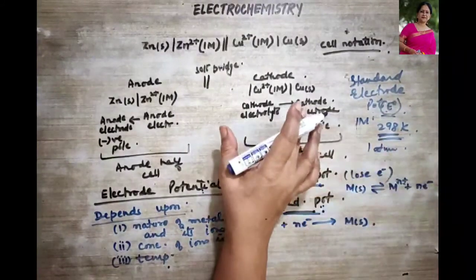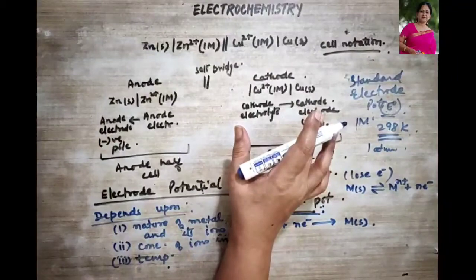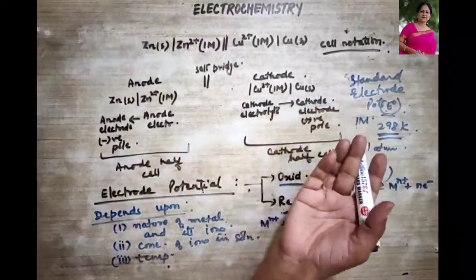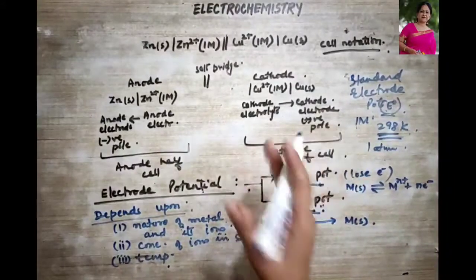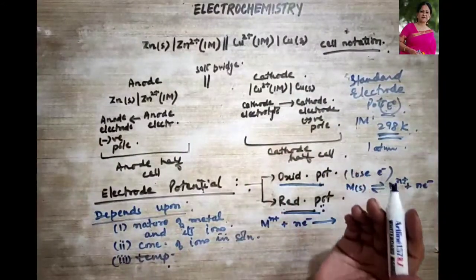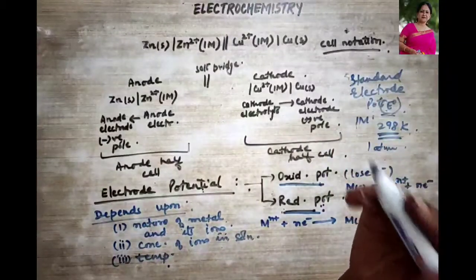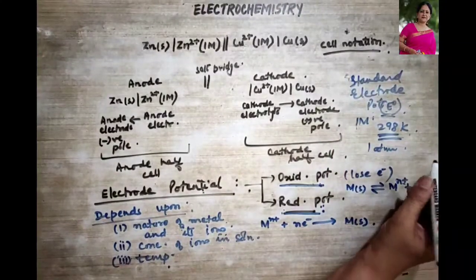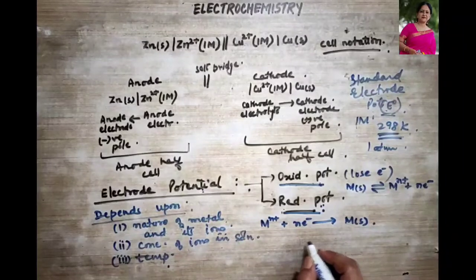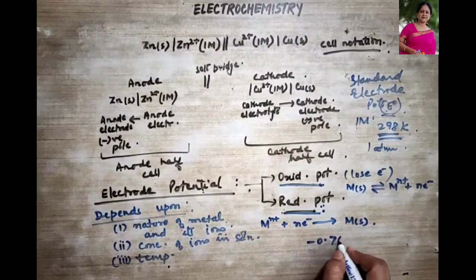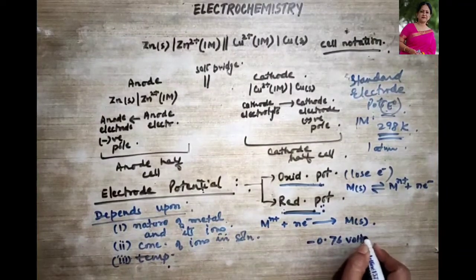For a particular electrode, the standard oxidation potential is the reverse of the standard reduction potential, right? For example, if we talk about the standard oxidation potential of zinc, suppose it is minus 0.76 volts, right?